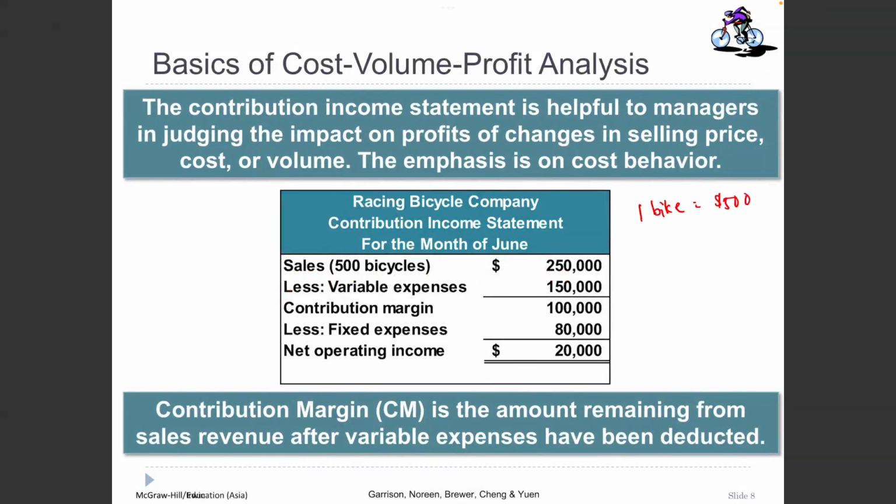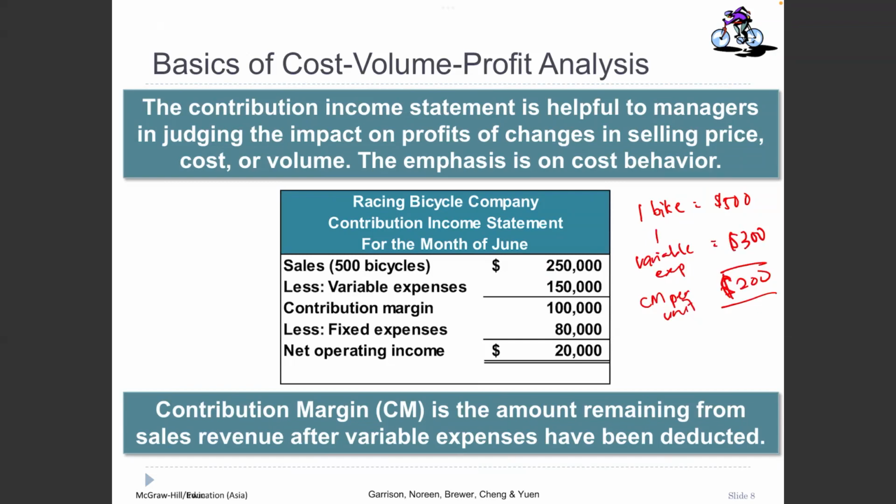And then minus variable expenses of $150,000. Therefore, one bike has variable expenses of $300. So the contribution margin is $100,000, meaning to say that the contribution margin per unit, for one bike, equals $200.